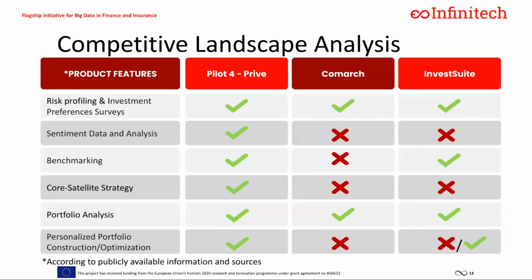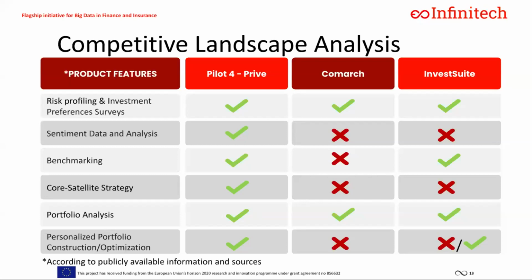For competitive landscape analysis, we took two competitors, mainly Comerch and InvestSuite. Based on publicly available information, we made a comparison and came to the conclusion that Pilot 4 has a bigger number of advantages, such as risk profiling, also sentiment data and analysis being possible by the cooperation with ReportBrain.